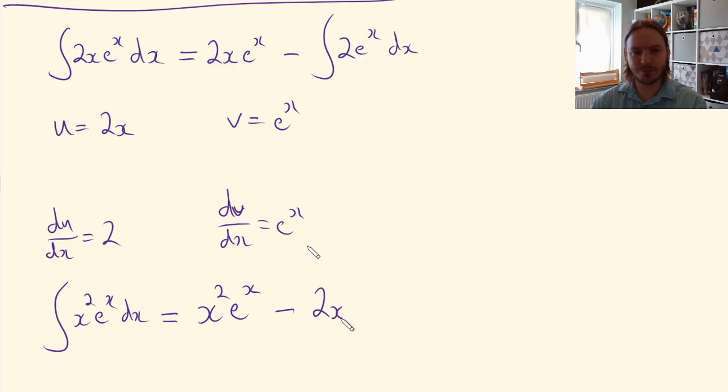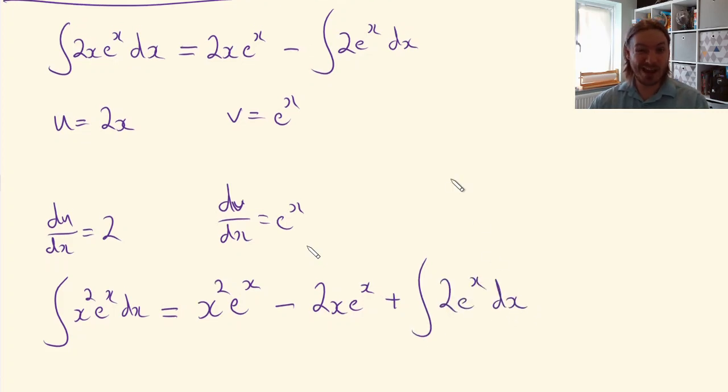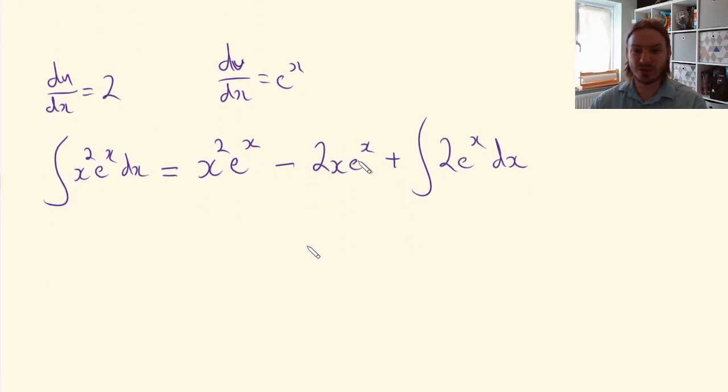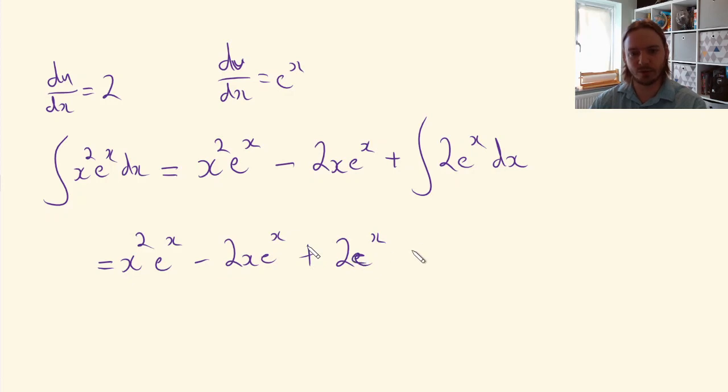So that's minus 2x e to the x, take away negative, so it's plus the integral of 2 e to the x. Now I have two terms which have just fallen out from our method, plus an integral that's easy to do. So I have x squared e to the x minus 2x e to the x plus, and then what's the integral of 2e to the x? Well, it's just 2e to the x. It actually doesn't change at all. And then I need a plus C, my constant at the end.